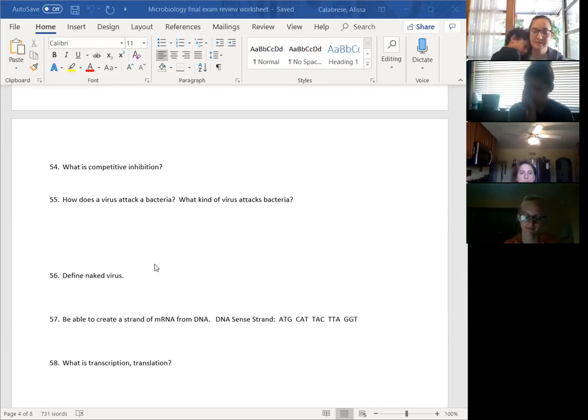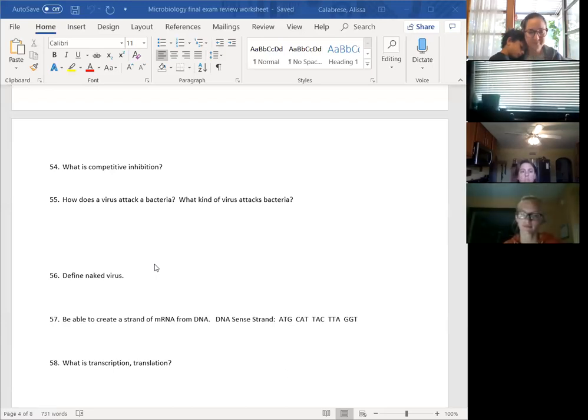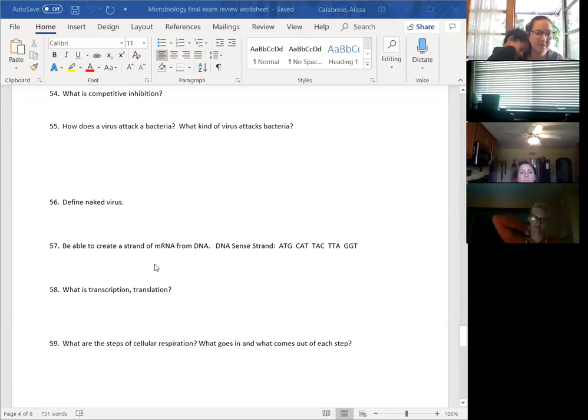If a virus is enveloped, where does that envelope come from? The host cell, when it is endocytosis or exocytosis. Perfect. So it's basically created from stolen phospholipids from that host.